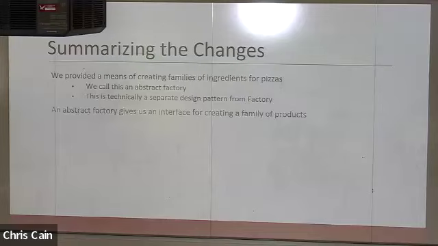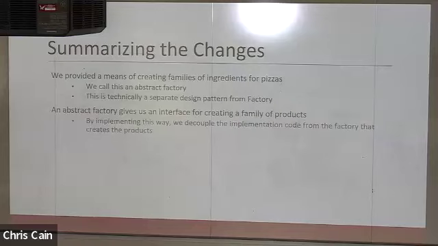So the abstract factory gives us an interface for creating a family of products in general, not necessarily just pizza, but you can use this for anything. If you implement abstract factory, then the implementation from the factory is decoupled from whatever creates the products, which is very useful for extendability purposes.